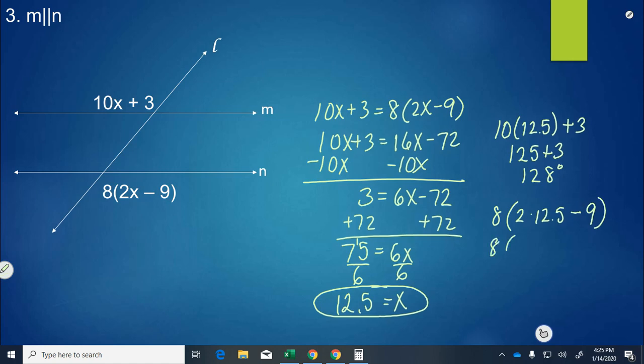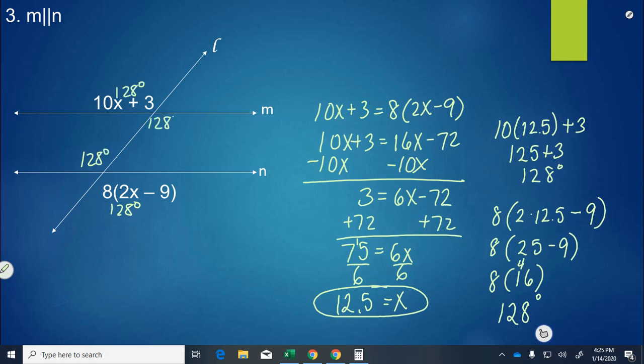That's going to give us 8 times 25 minus 9. So that's 8 times 16. 8 times 6 is 48. And 8 plus 4 is 12. So we did get it right with 128 degrees. So all my obtuse angles are 128.